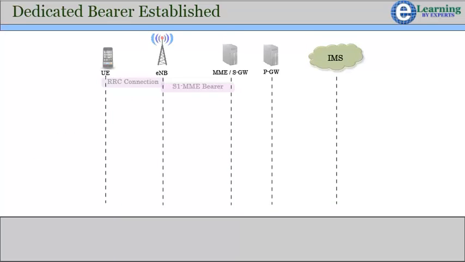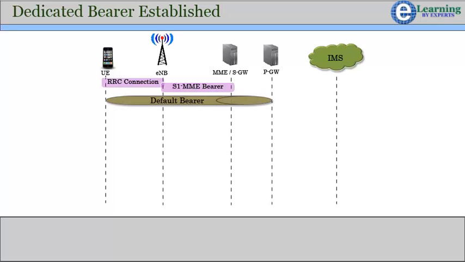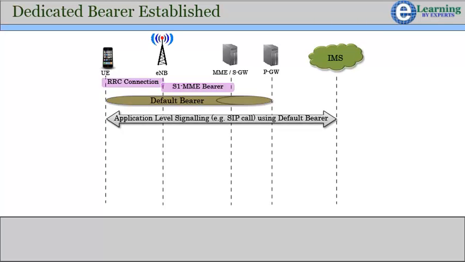When the user wants to start a service that has a QoS which is not supported by the default bearer, a new dedicated bearer can be established to support the QoS. Here, the UE is sending application-level signaling, like Session Initiation Protocol, SIP, to start a new service.